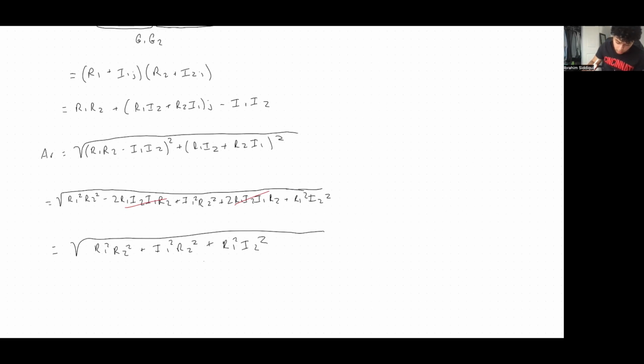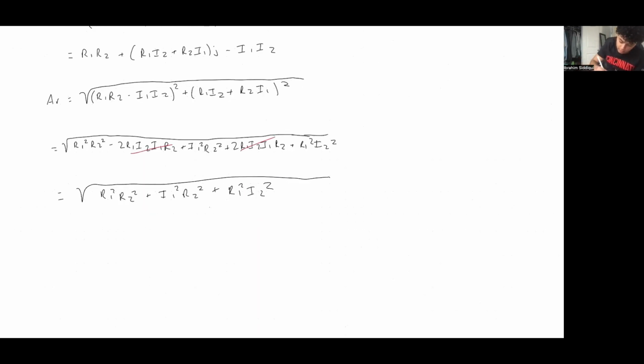From this point, we can look at our tangent of phi. What we get is tangent of phi equals I1 R2 plus R1 I2 over R1 R2 minus I1 I2.